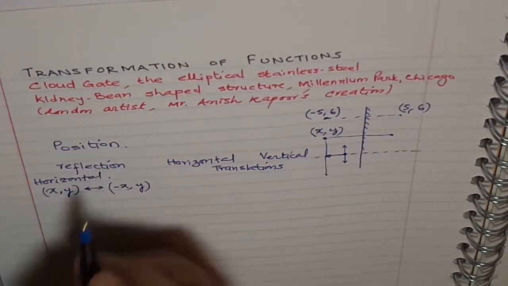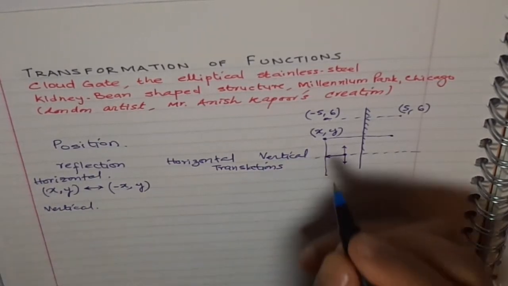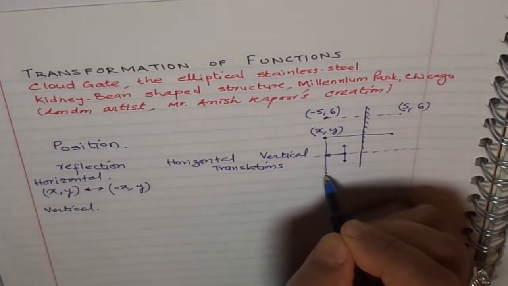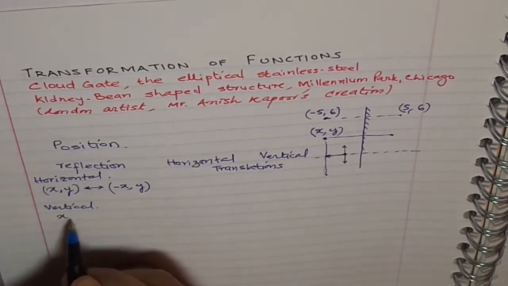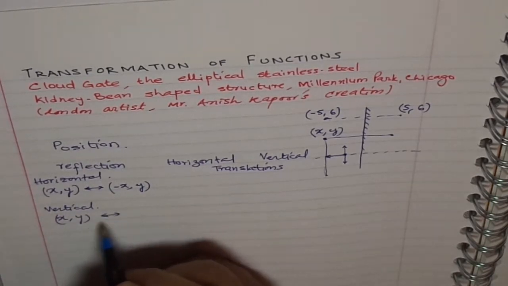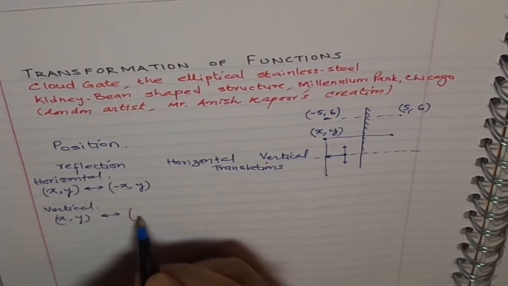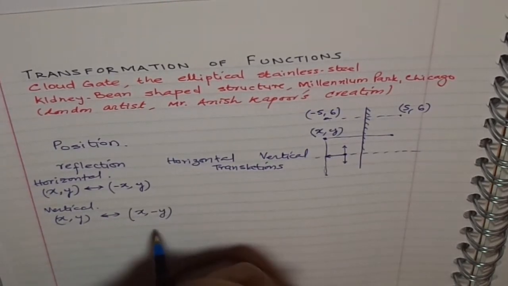But in case we take a reflection which is vertical, then what happens? Here the x value remains the same, but y flips. So in this case, if x and y were the coordinates, then the image will have a coordinate with the same x value but negative of the y value.